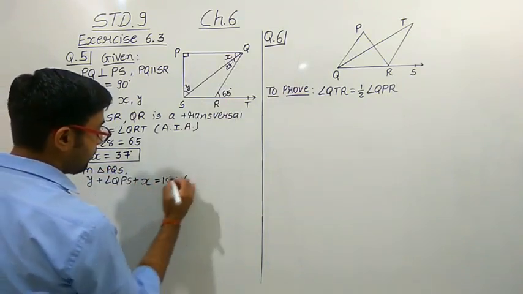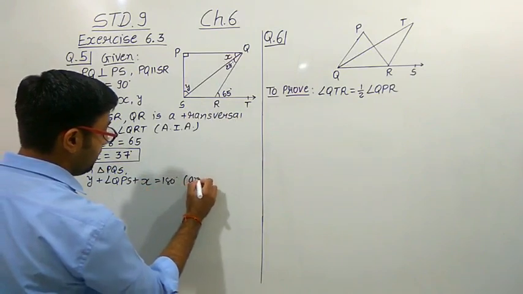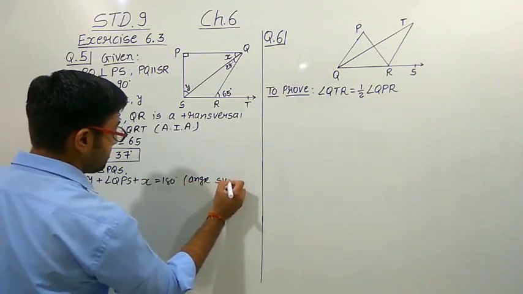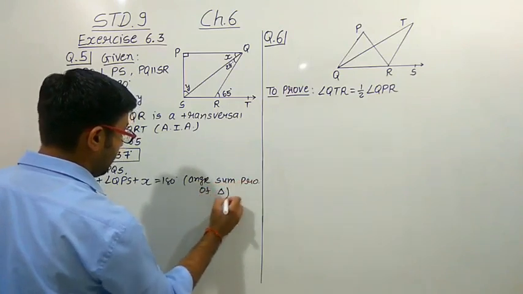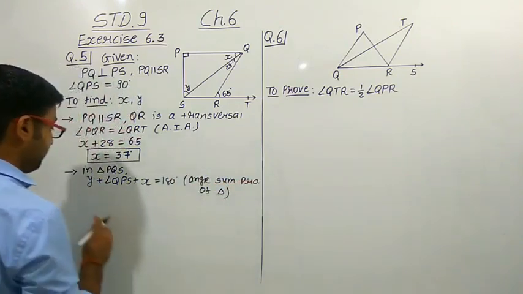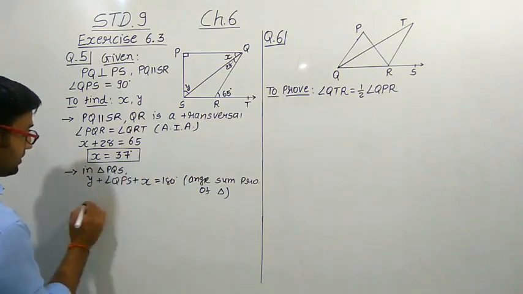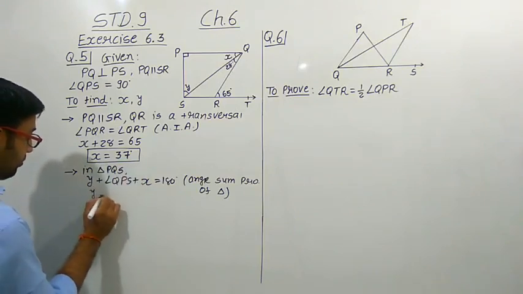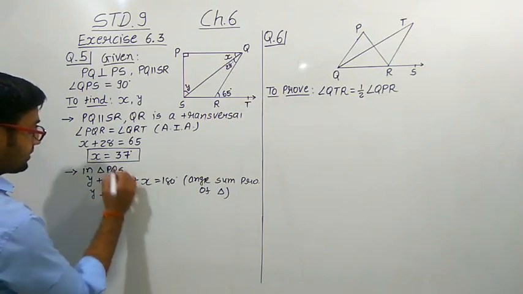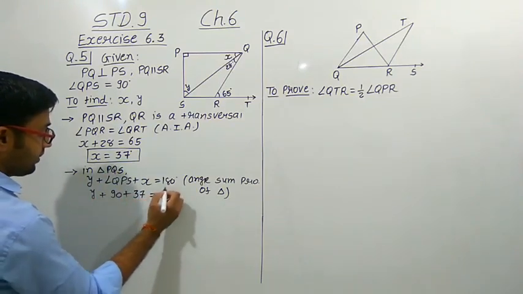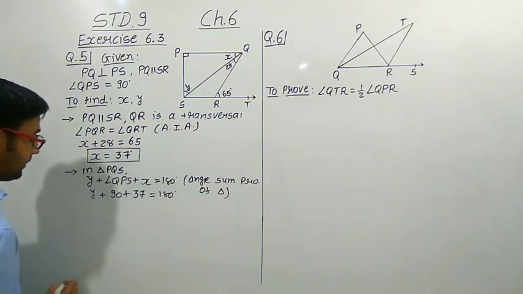And this is according to the angle sum property of a triangle. So here the value of X is 37, and we put in both values. QPS is 90 plus X is 37, total is 127.